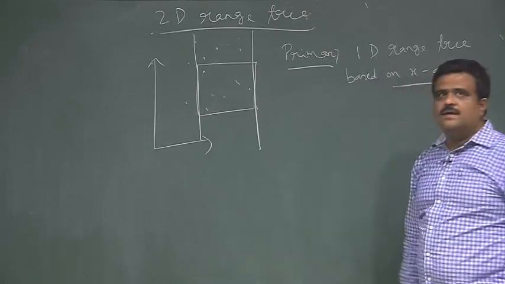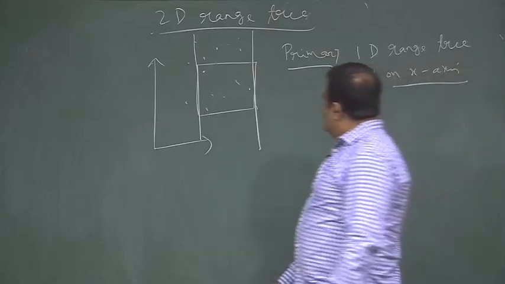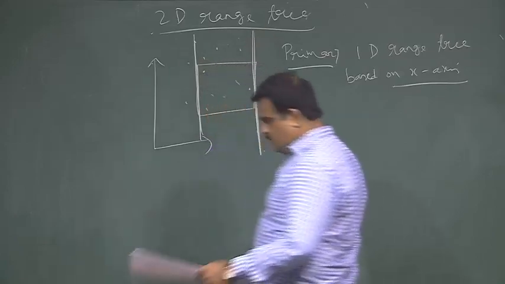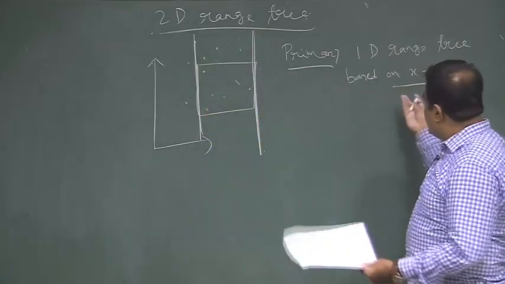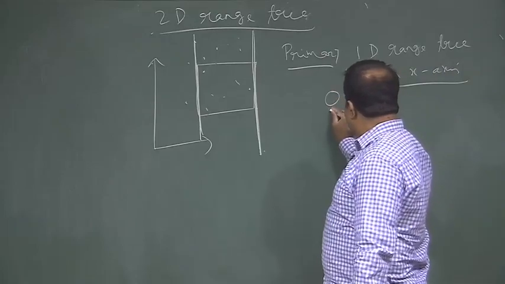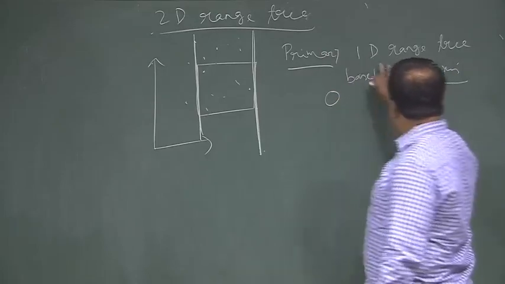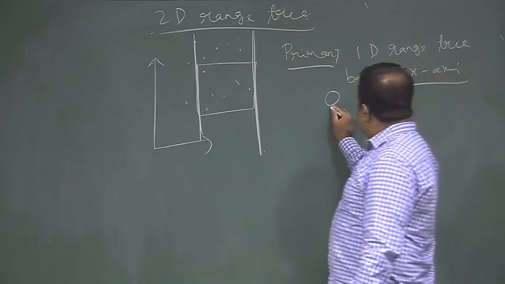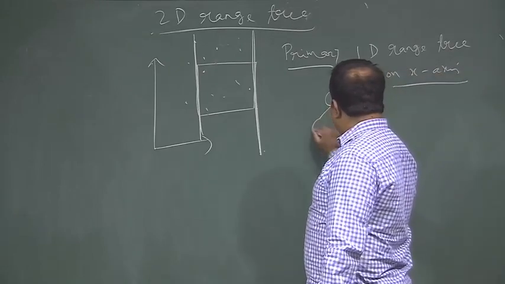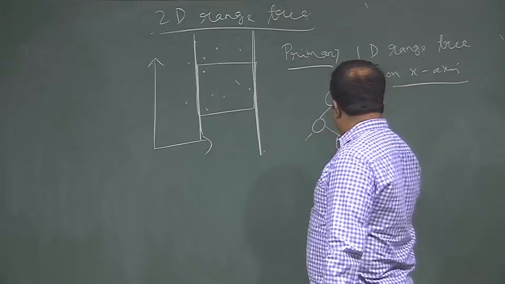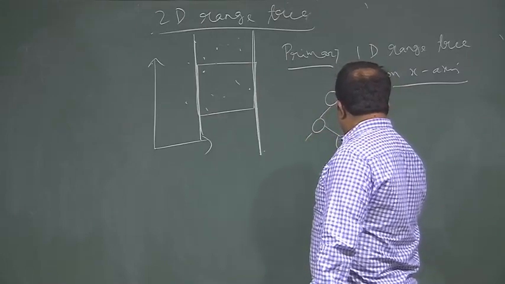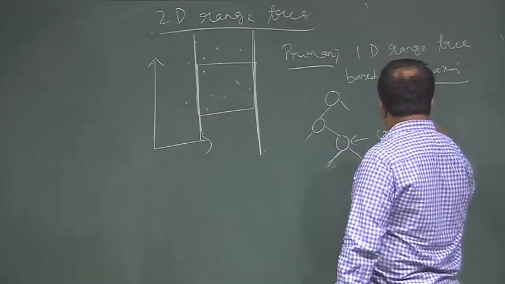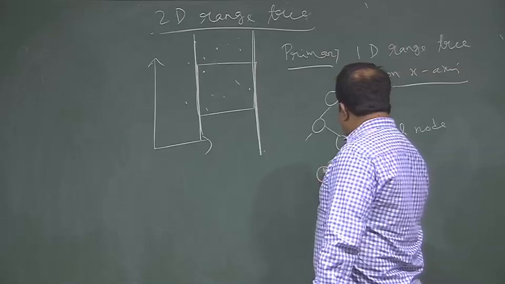Okay. Now, if we give the interval query, on that we will just do this query. So, this is our 1D range tree based on the x coordinate. We start with the root, we go left, then we go right like this, until we reach a split node. Once we reach the split node, we again continue.